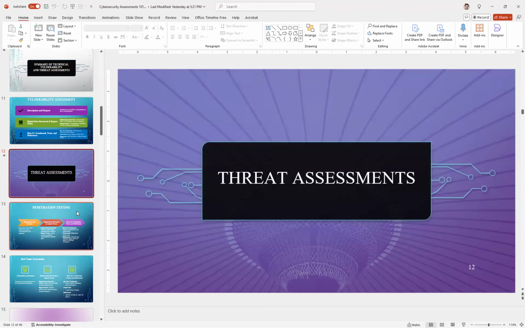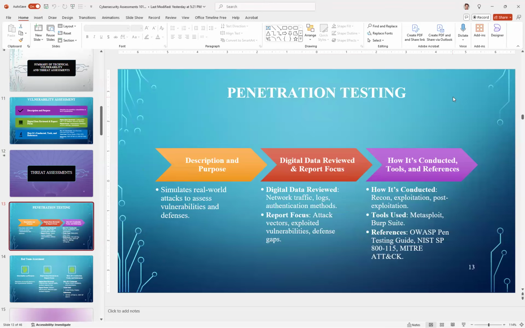Moving on to threat assessments, our favorite, penetration testing. That simulates any possible real-world attacks to assess any possible entry or vulnerabilities and how your defenses are built. The digital data reviewed includes network traffic, logs, and authentication method.